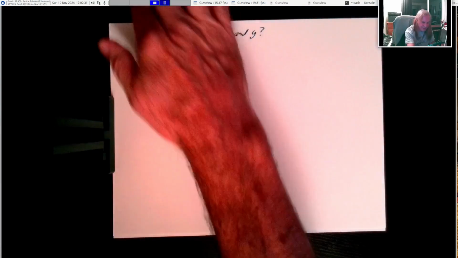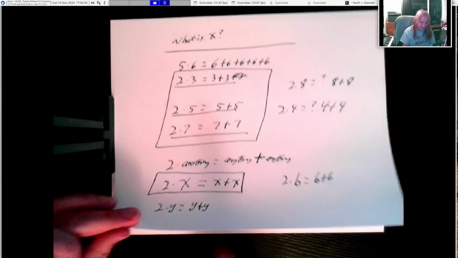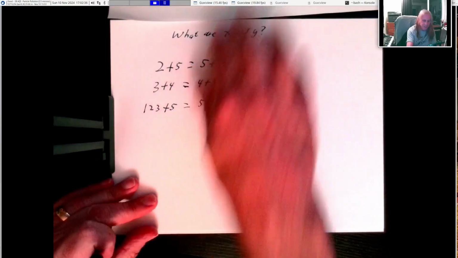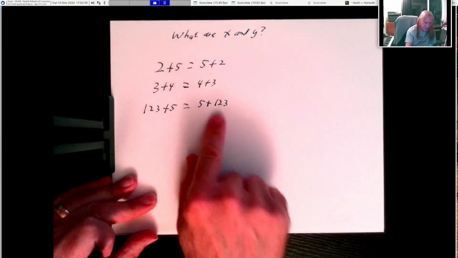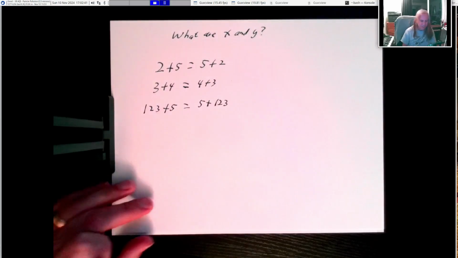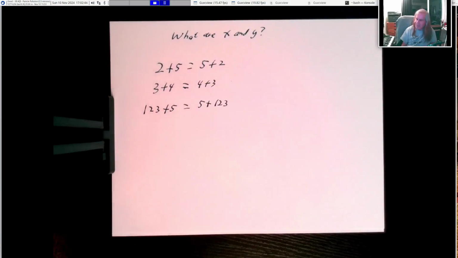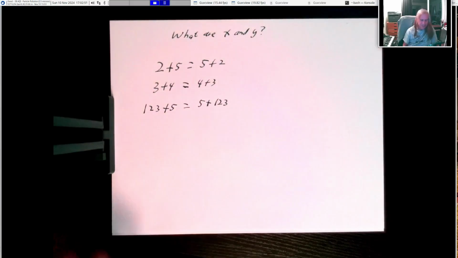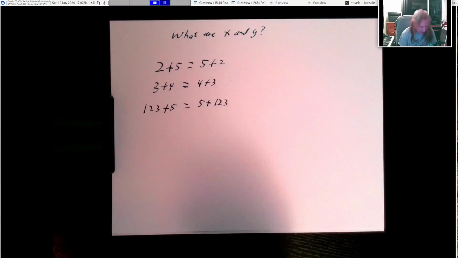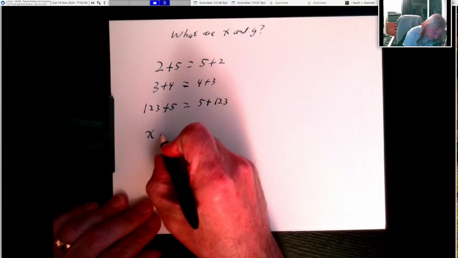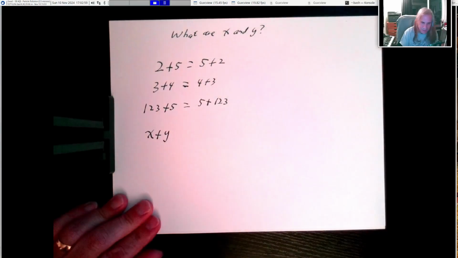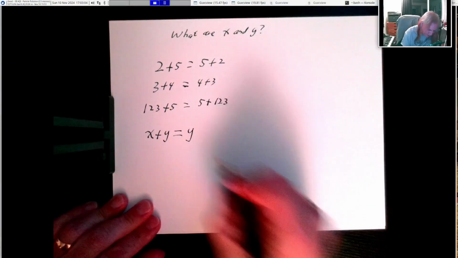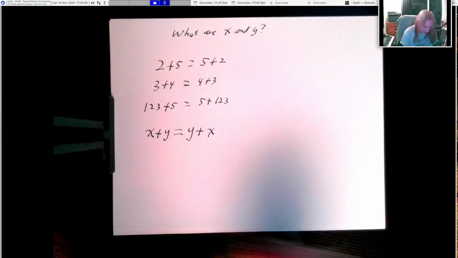And just like we did with 2x equals x plus x, we would like to express this in a more general form instead of just having these 3 statements on our post-it note, so that when someone says, what's 8 plus 9, and we want to say it's the same as 9 plus 8, we'd like to capture the essence of these particular examples. And we can do that by saying if we take any number and we add any other number, we get the same thing as if we take that any other number and we add that any number.